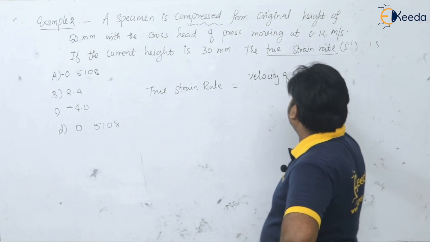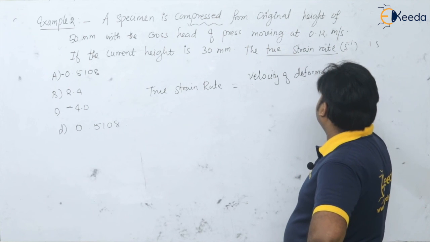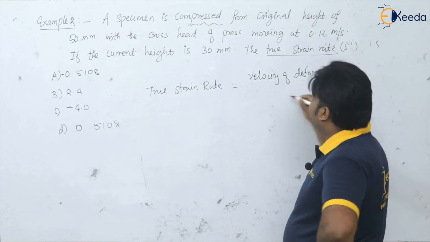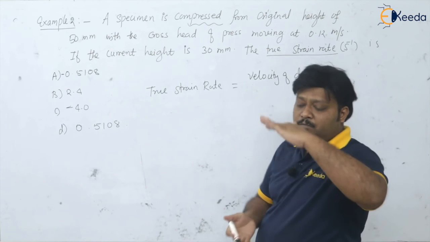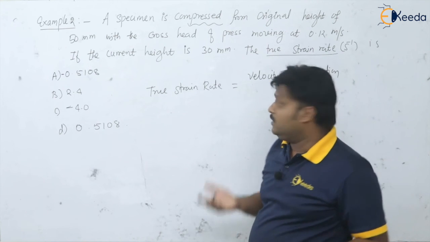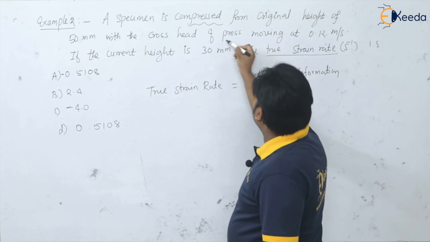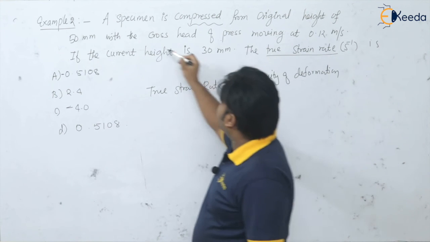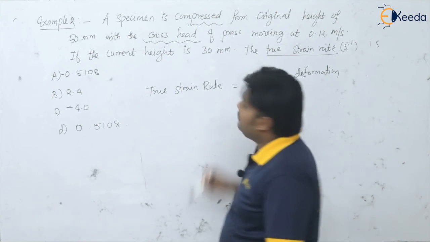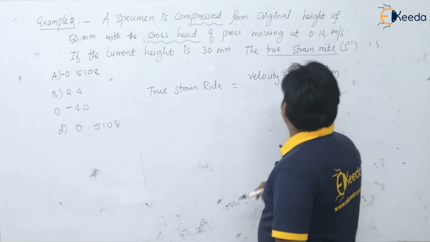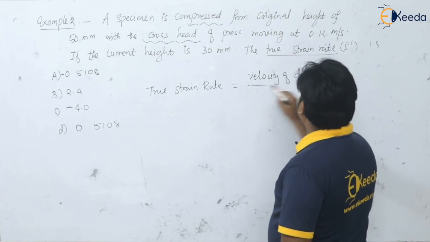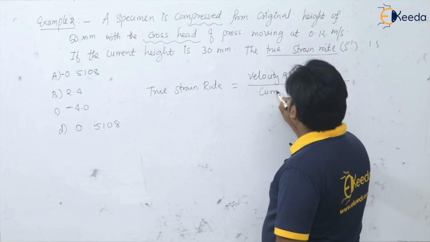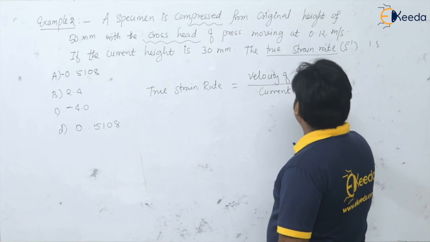You can also take this as the velocity of the jaws of the UTM. Here it is given as a press moving, the crosshead is given, isn't it? The crosshead is moving at this velocity 0.12 meter per second, divided by the current or instantaneous length or height.